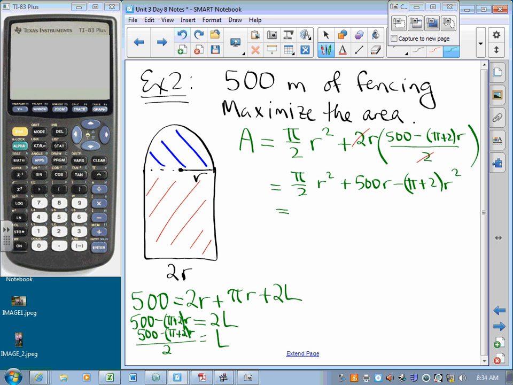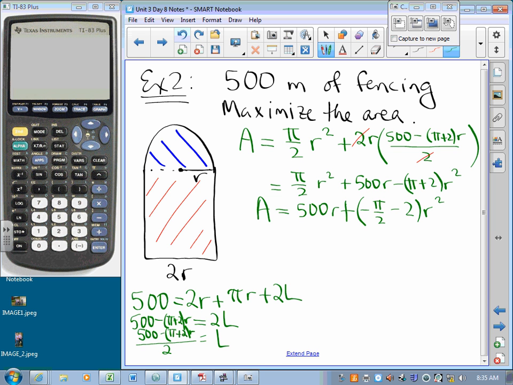And that can be cleaned up so that it's 500r, and then how many r squareds do we have? Well, we have pi over 2 minus pi minus 2. That's negative pi over 2 minus 2 r squareds. That is the area function.